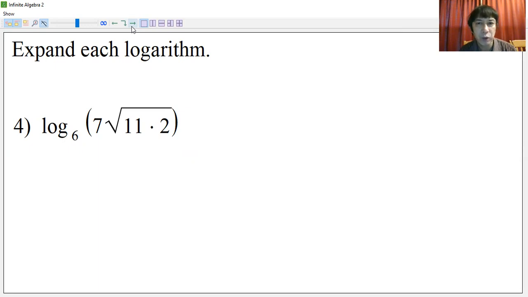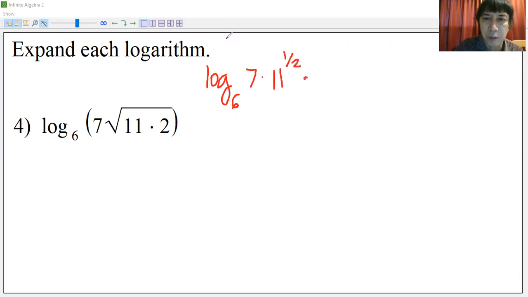What we need to do first is simplify the expression in front of the logarithm. So we have here logarithm base 6. We can express this as 7 times the square root, which means 11 raised to 1/2, times 2 raised to 1/2.